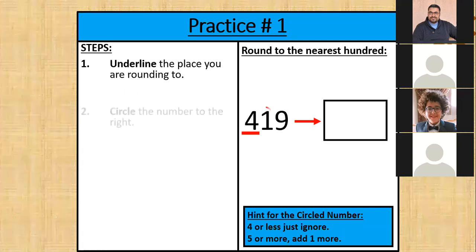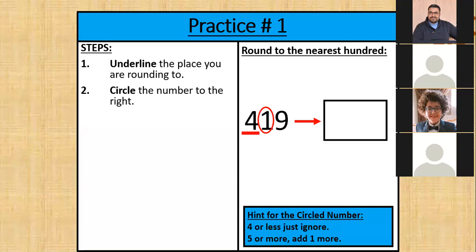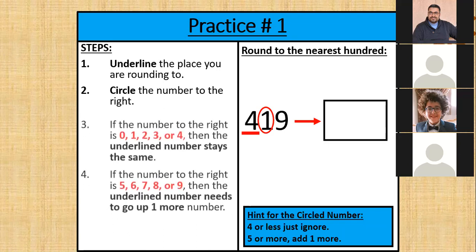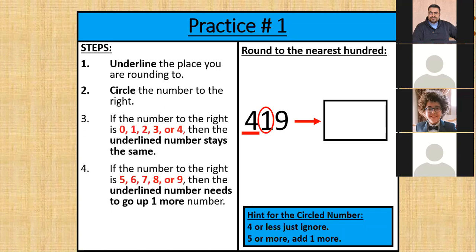Step 2, we will make a circle around the number to the right. Step number 3, we will stop to check. Here, we want to check 1. 1 is a rich number or poor number. 1 is a poor number. So 4 will be the same without any change.